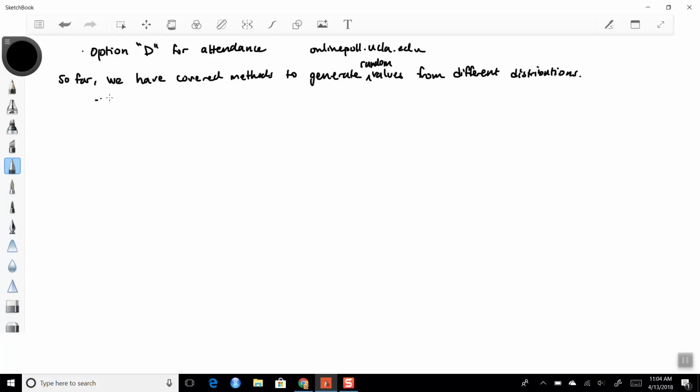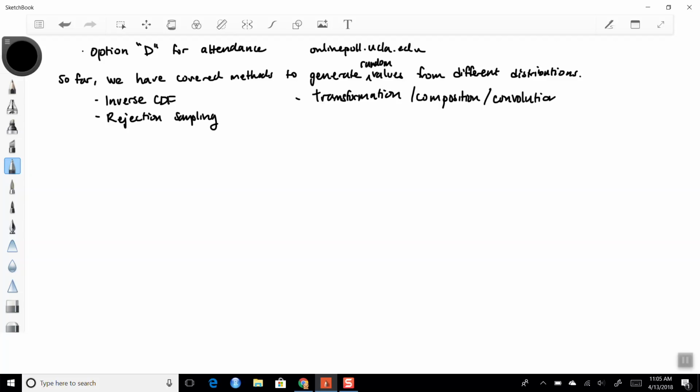Okay, and so methods we've covered so far have been inverse CDF, rejection sampling, and then we've covered transformation, composition, and convolution methods, right? But so far, all of these have been univariate methods, okay?